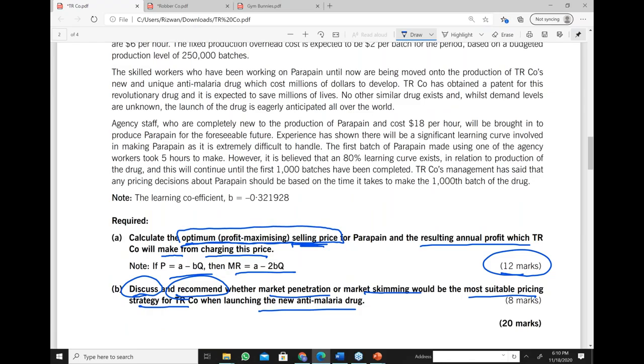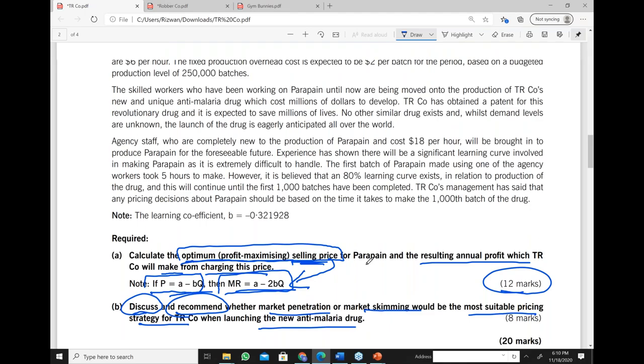And you just saw the note which mentioned the demand function and the equation for marginal revenue. So let's read now. It's a very good question.